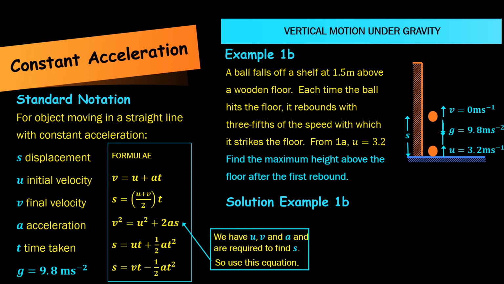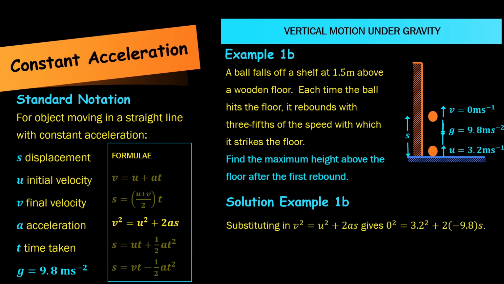Therefore, the equation we are going to use is v squared equals u squared plus 2as. So let's plug in the values. Here we have v equals 0. Here we have u equals 3.2. Acceleration or g equals minus 9.8, because now we're treating the upwards direction as the positive direction.